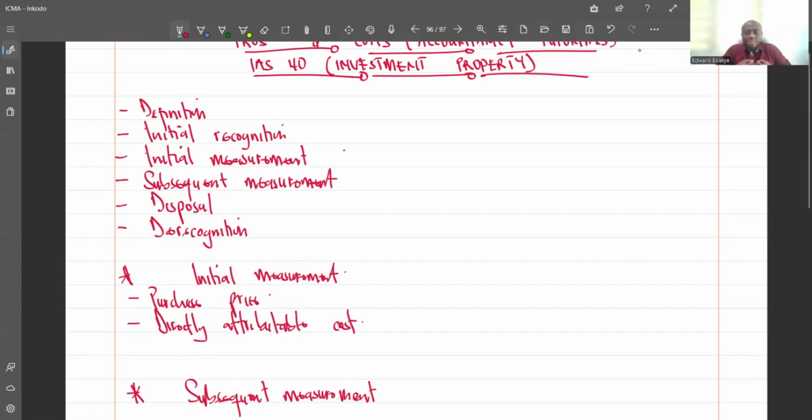So that one is more accepted in the POL than the revaluation method. So any loss or gain will be taken to our POL. That is under the fair value model.